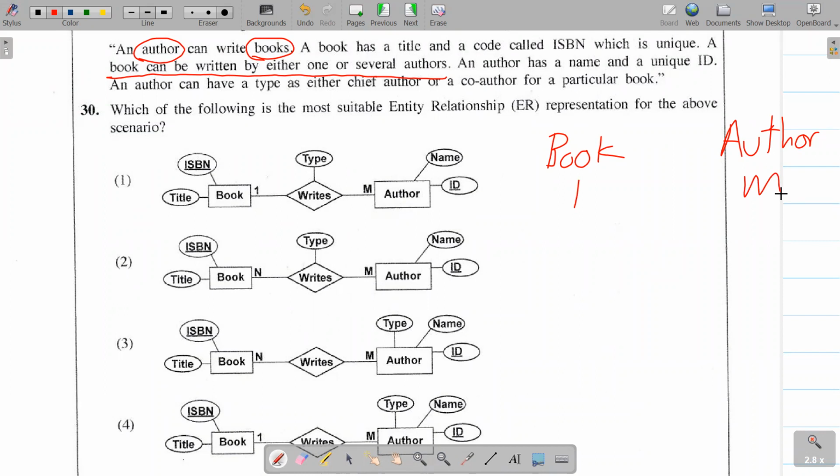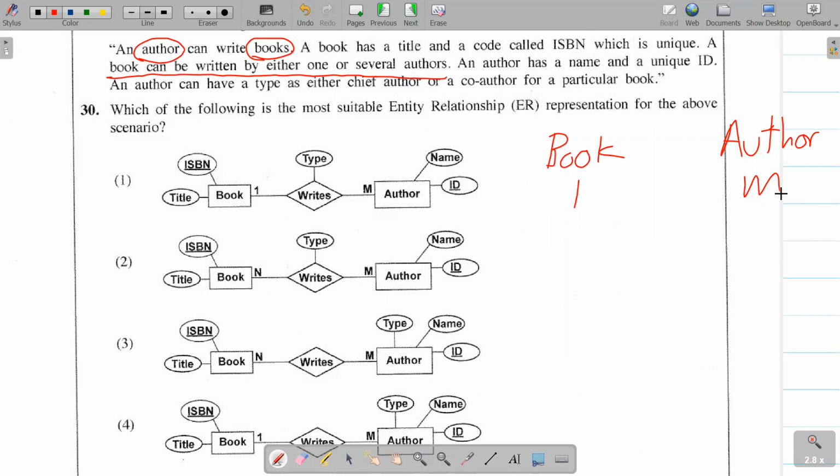An author has a name and a unique ID. So name and ID are there always in all 5 answers. An author can have a type as either chief author or co-author for the particular book. So that means an author can have a type of either chief author or co-author for a particular book.